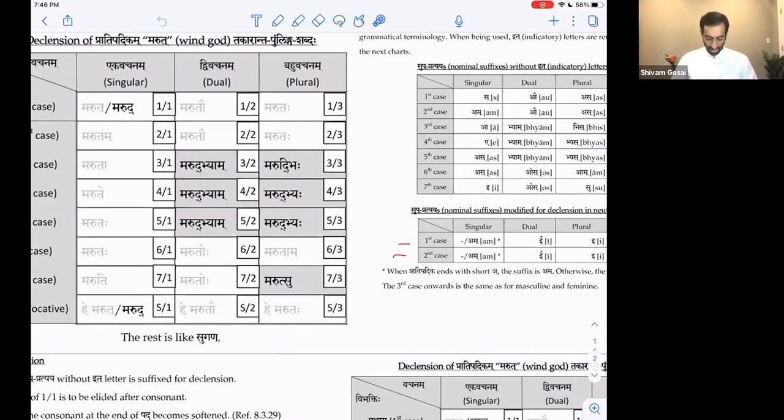Then hey Marut or hey Marud, hey Marutau, and hey Marutaha. There's no sandhi in this 7-3. We'll see other similar words which will give us sandhi for 7-3. There is technically a sandhi, and then it comes back. So we'll see that.